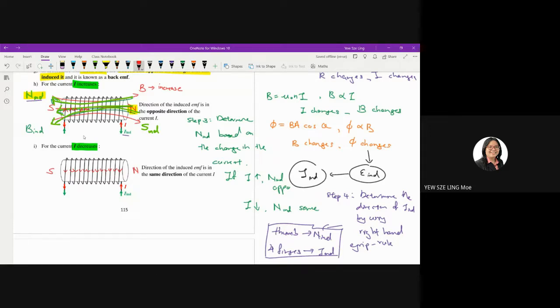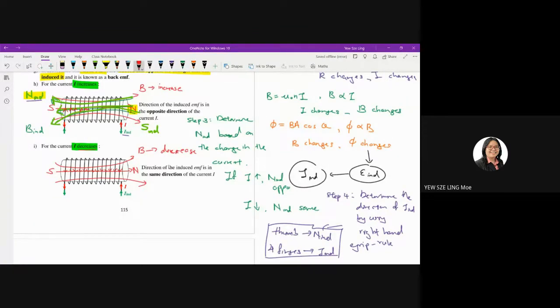Okay, now when I decrease, what happened? When I decrease, your magnetic field line is still pointing in the same direction. It doesn't affect the direction of the B, but because I decreased, now your B also decreased.